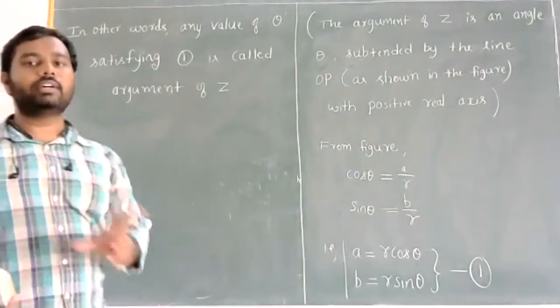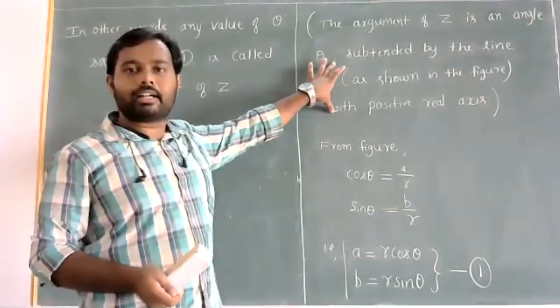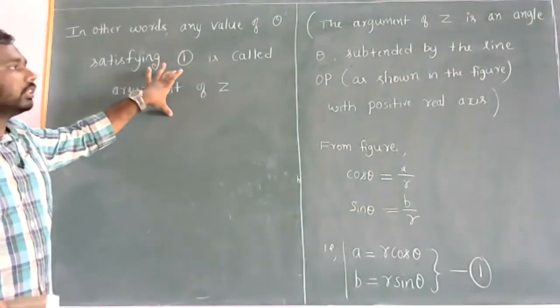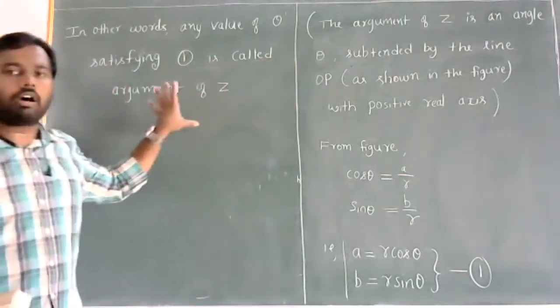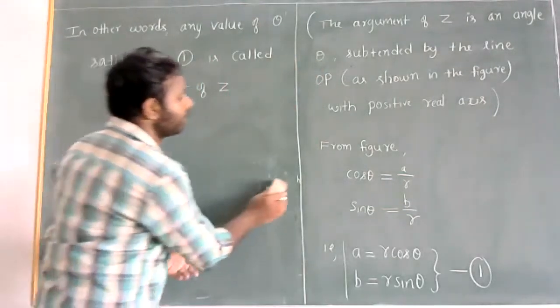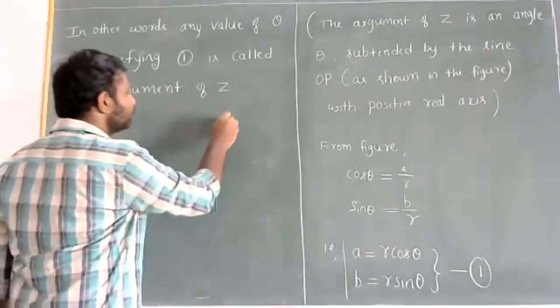So we have two definitions for argument of z. One is geometrical definition and another is analytical definition. So you can refer this one or this one, right? Now I'll come back to the definition.